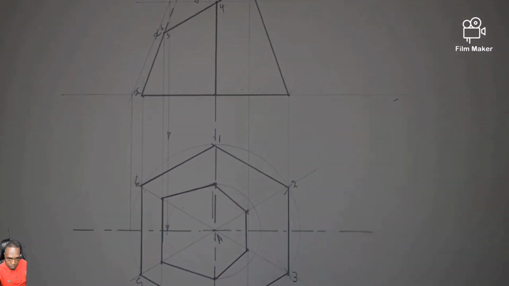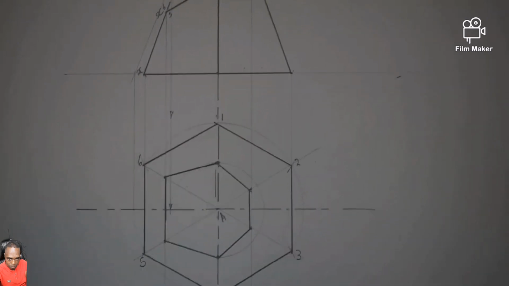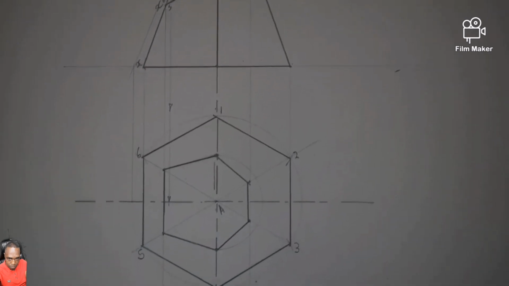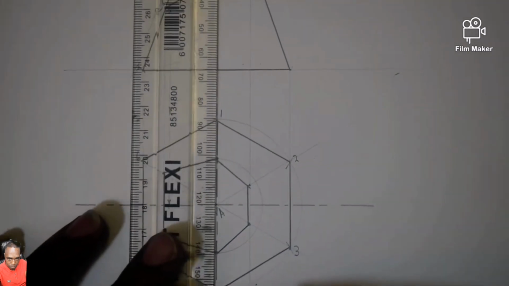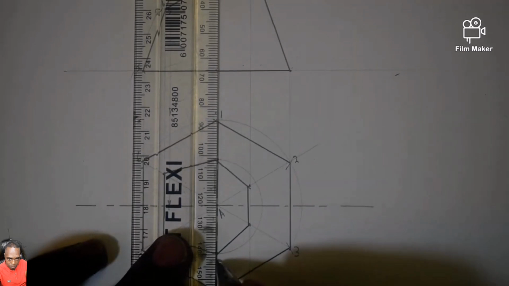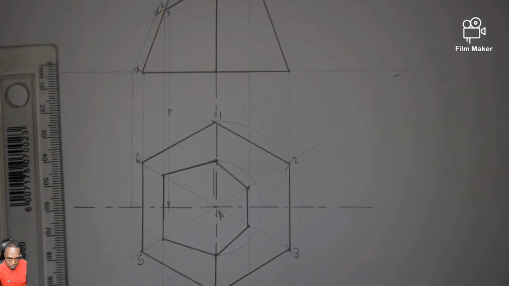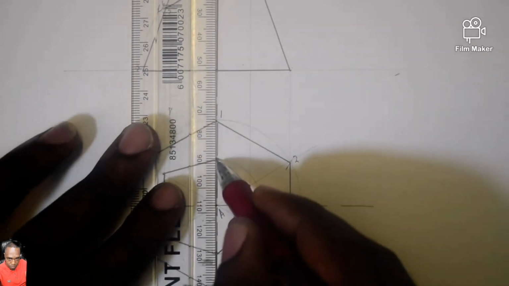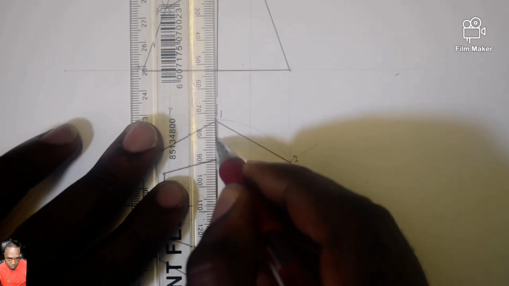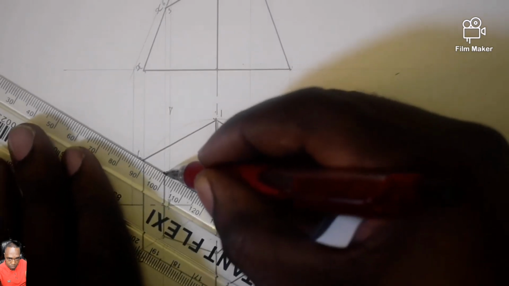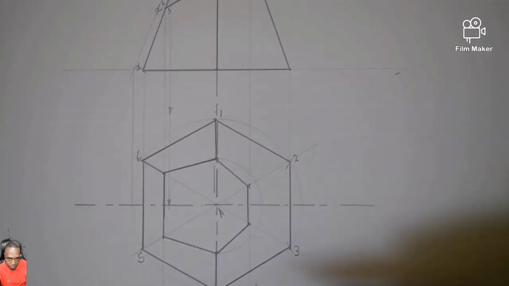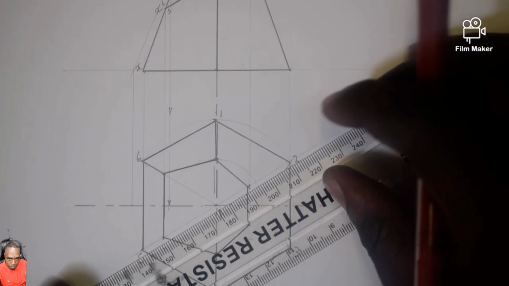Since this is not a solid, it's a pipe, you are going to have this one dark from here, from 4 of the bottom till here dark, and again from here till there solid. I want from here till there solid, again from here till there solid.